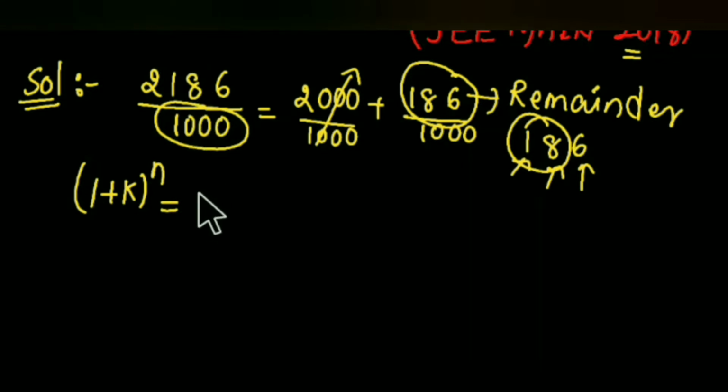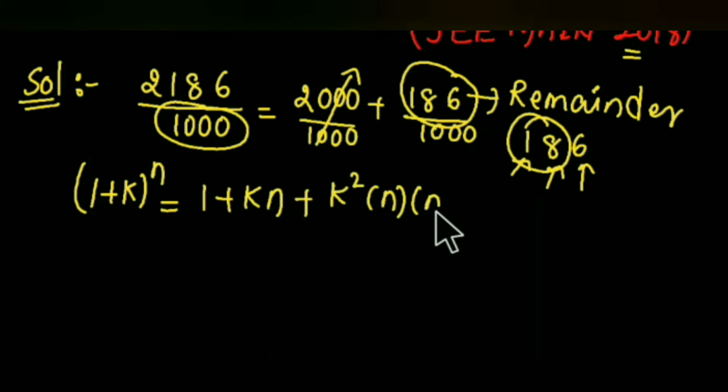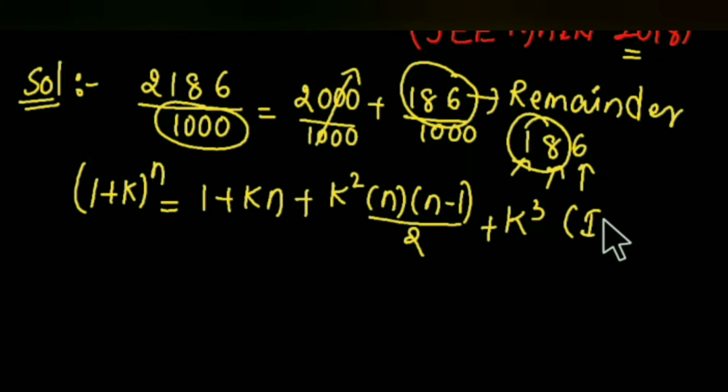Until we get 1000, it will be written as 1 plus k into n plus k square into n into n minus 1 divided by 2, plus k cube into any integer. This is a shortcut formula useful for solving this problem. In this problem, k is 10 and n is 2016.